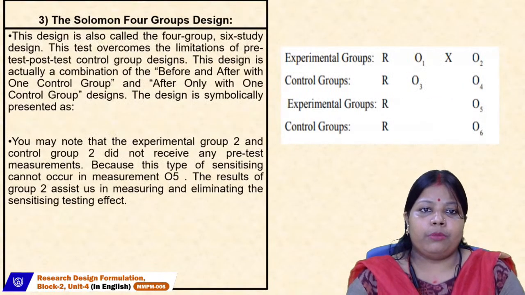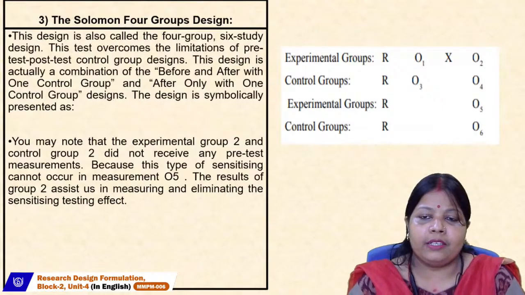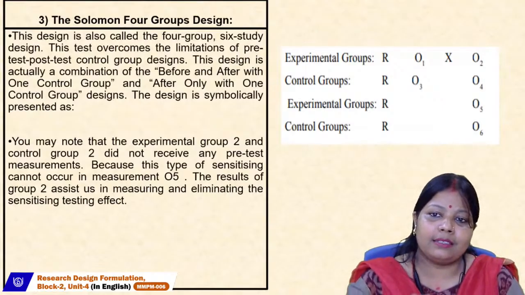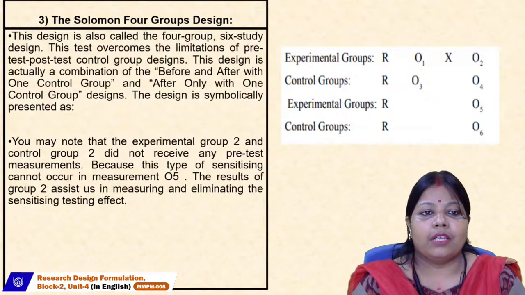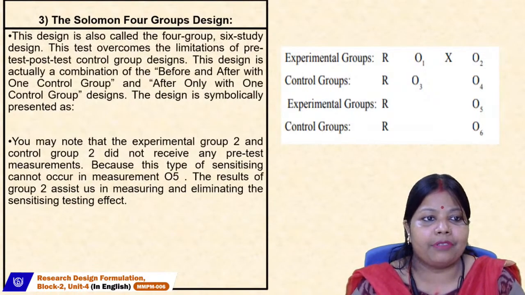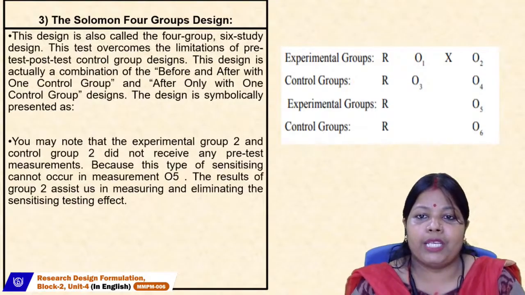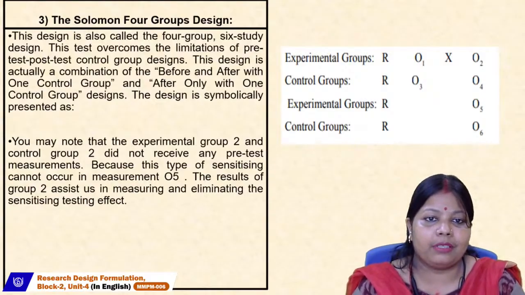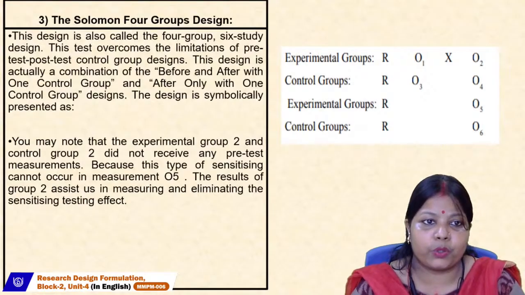But in the Solomon 4 group design, it is the combination of before after, after only, and before after with one control group. We can see here the first group and the second group are nothing but the combination of before and after with one control group.